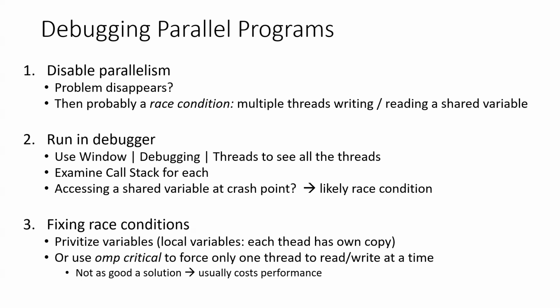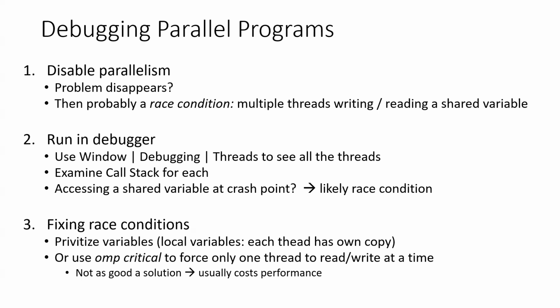Fixing race conditions, the first step and the most common step is to privatize your variables to make them local variables so that each thread has its own copy. If this is not avoidable, you have to keep the variable public, or if it's not because of a variable, it's because of some resource being shared, like the output, like the print.